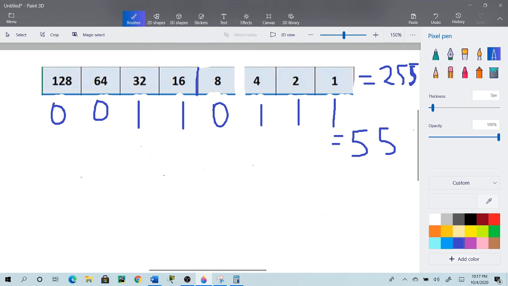But as I promised you, my next video is going to come out about decimal values to hexadecimal, and then binary to hexadecimal and vice versa. So right now it's just the beginning. This is for you guys to get confidence and see how simple it is.